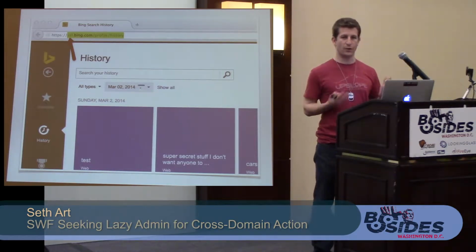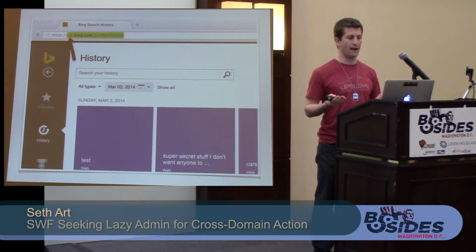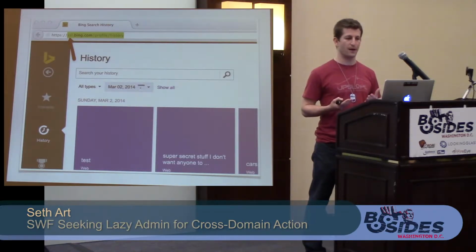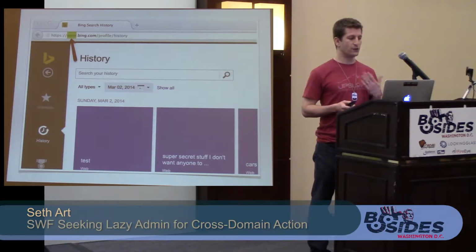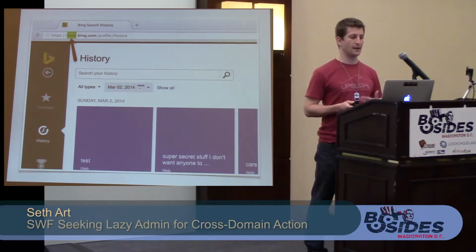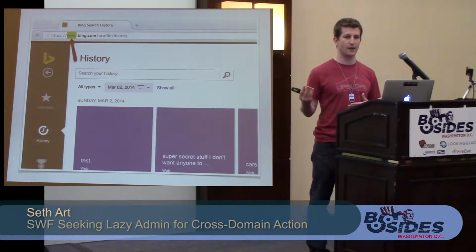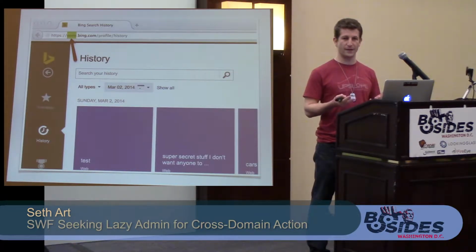So our SWF can make a request here, but nothing would happen. Flash Player would respect the same origin policy and tell you to go away. However, if you enter www.bing.com/profile/history and you're authenticated, you still get your sensitive authenticated search history at www.